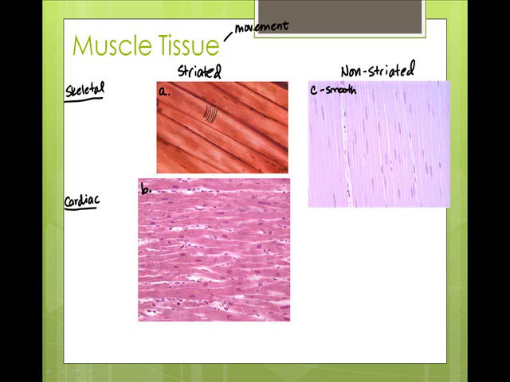Those are called striations. They're stripes. And there are two kinds of muscle that have the stripes. Picture A is showing you skeletal muscle, which is striated muscle, and picture B is showing you cardiac muscle, which is also striated. But both of them have other distinguishing characteristics that we'll talk about in a moment.